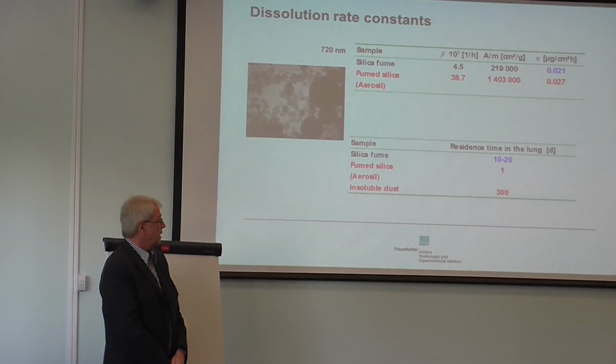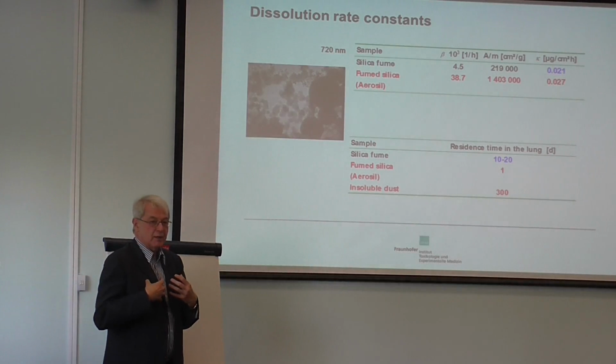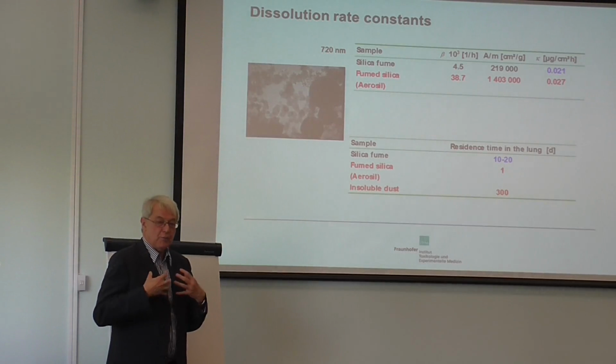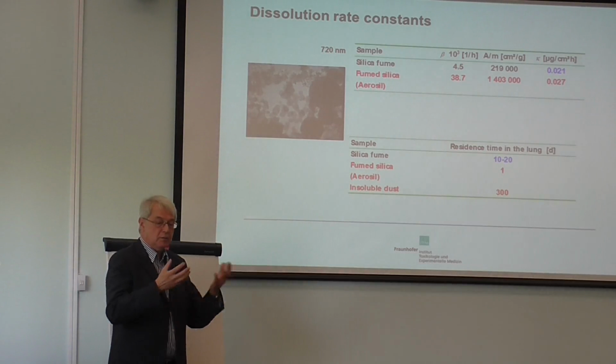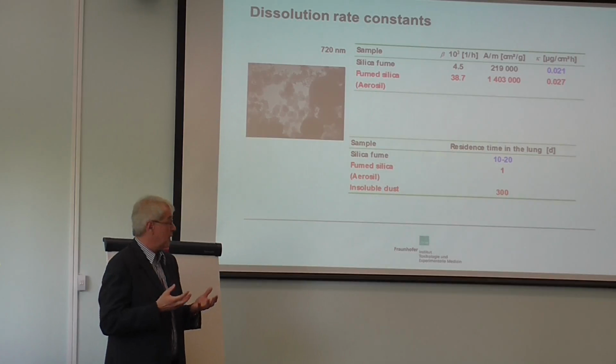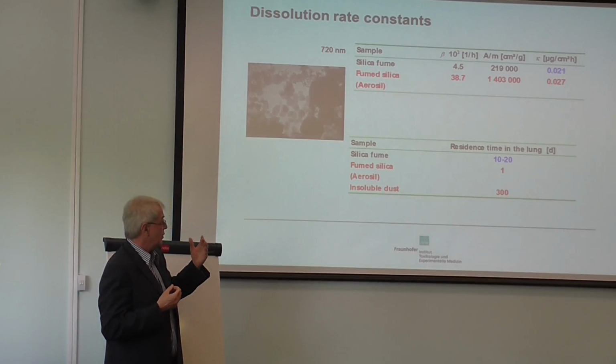And what does this mean for the residence time of these particles in the lung? So this is an important property. If particles are in the lung, then defense mechanisms may take place, and they may cause inflammatory reactions. And so the average residence time of particles in the lung is of importance.